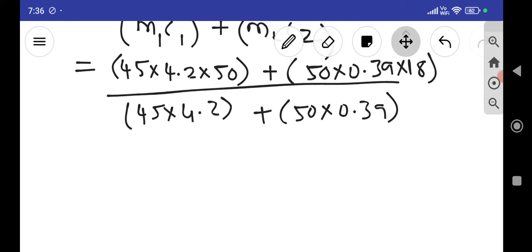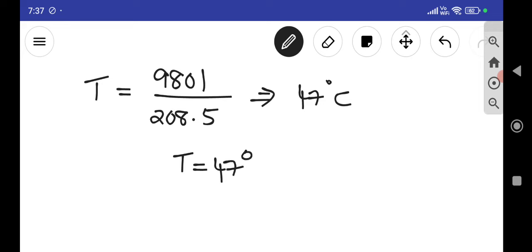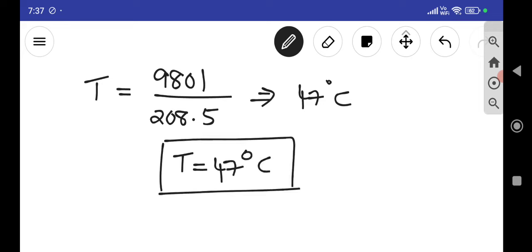I have calculated all these values and finally I got T is equal to 9801 divided by 208.5. So I have got a value of 47 degrees Celsius. So finally we can understand that after adding the copper to the hot water, the temperature becomes 47 degrees Celsius.